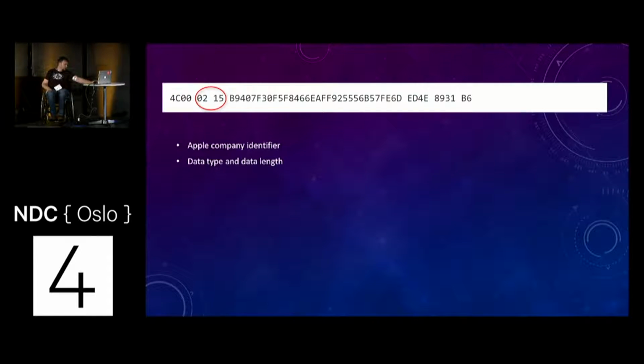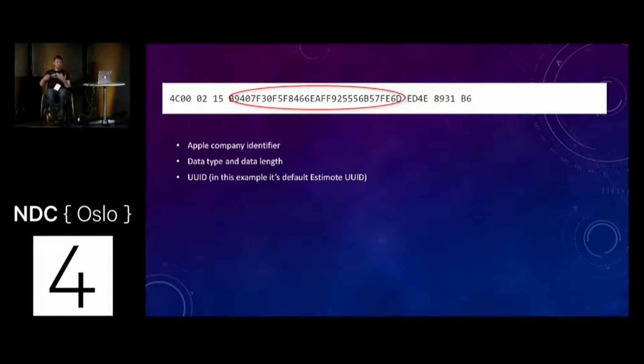Then you go to what type of data you have and how long it is, and those things are fixed for iBeacons. Then you have the UUID, which is an identifier, and then you have 2 other identifiers, major and minor. So this is what you're going to use mostly with iBeacons. You will use those 3 identifiers. For example, let's say you run a cafe in Oslo that's part of a bigger chain.